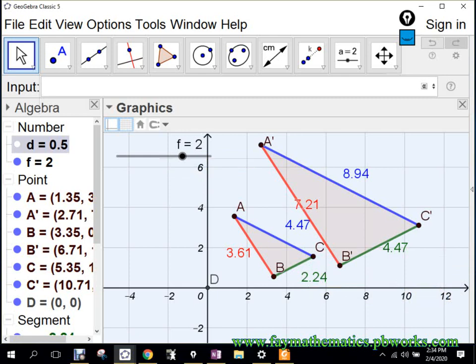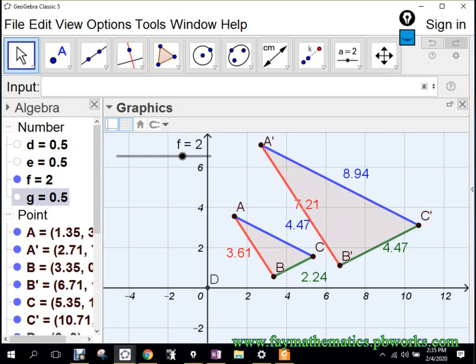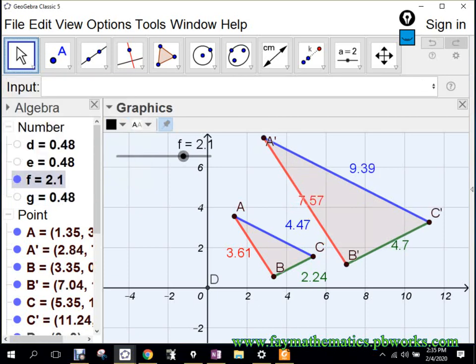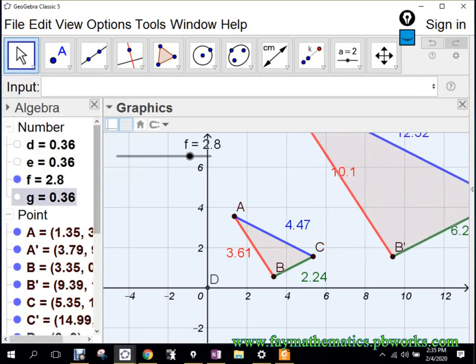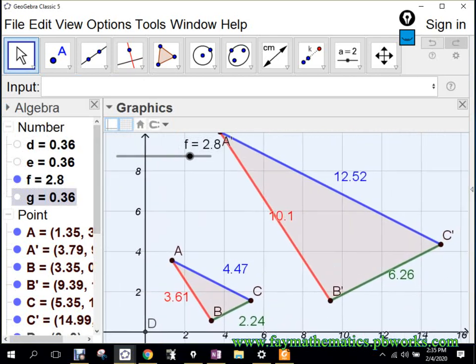If I take AB and divide it by A prime B prime, I should get the same 0.5, and then AC divided by A prime C prime, I get the same 0.5, okay? Now, as I change this, those numbers are going to change. But if you look at the 3.36s, that means that if I multiply that number by 0.36, it's going to shrink down to that one, right? Does that make sense to everybody?